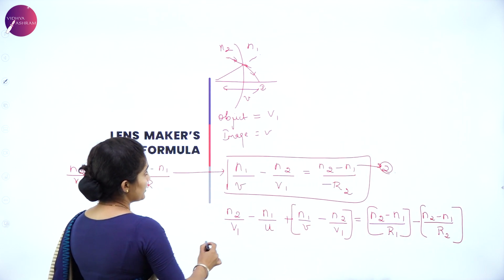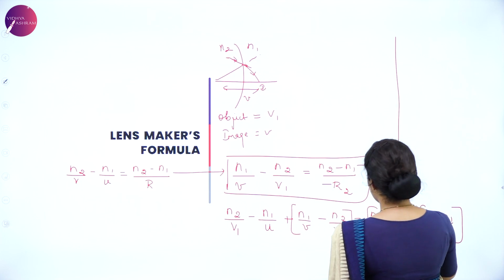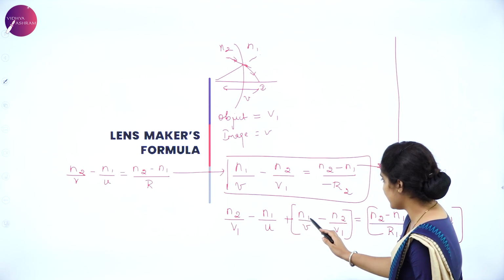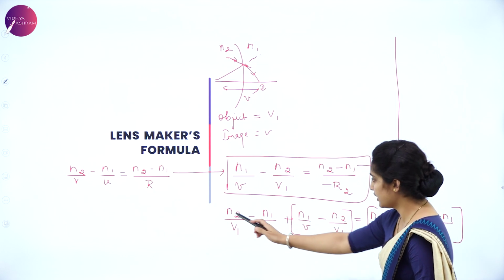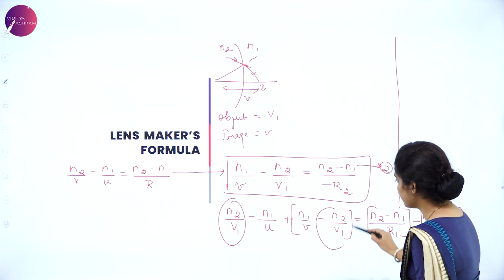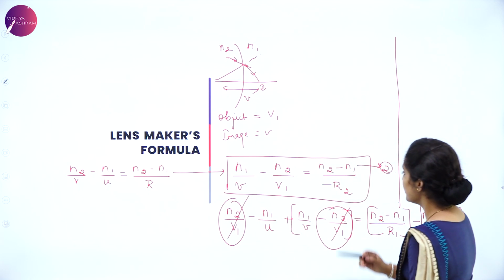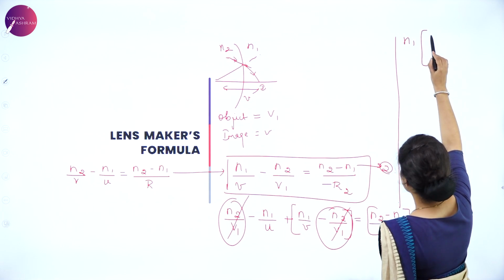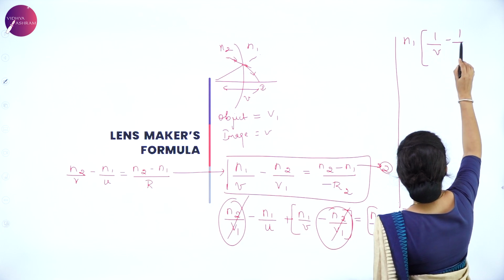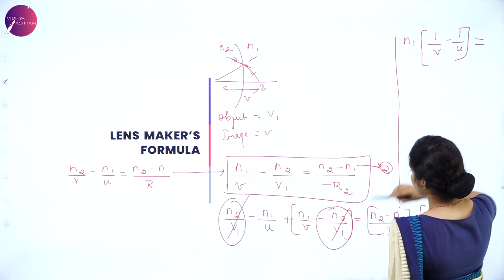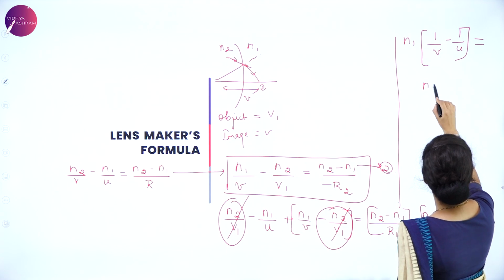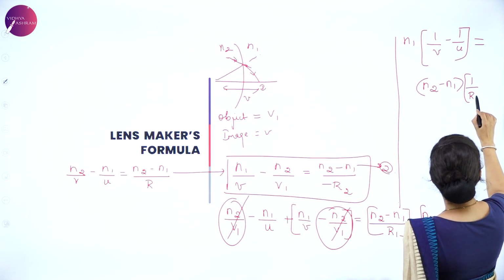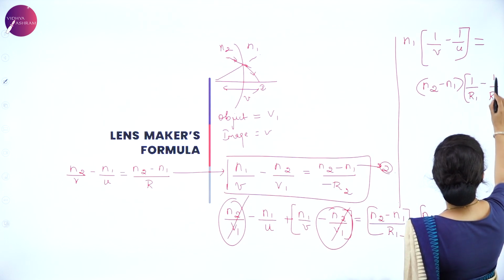So when we equate this, we end up with N2 by V1 minus N1 by U plus N1 by V minus N2 by V1. Here this is similar to that, with the negative sign, so this and this get cancelled. So we have N1 common out with 1 by V minus 1 by U is equal to N2 minus N1 common out with 1 by R1 minus 1 by R2.